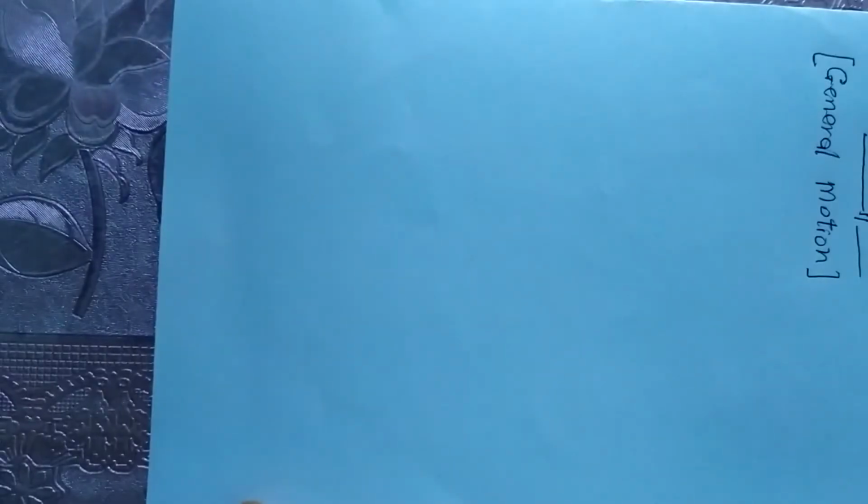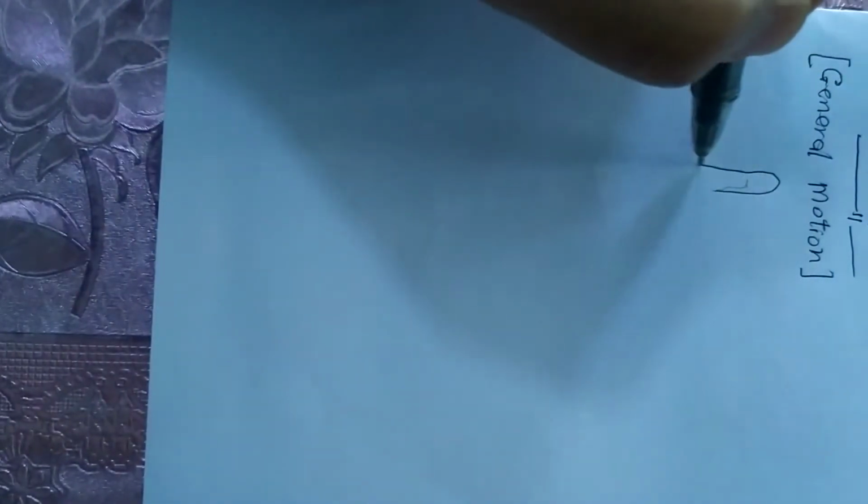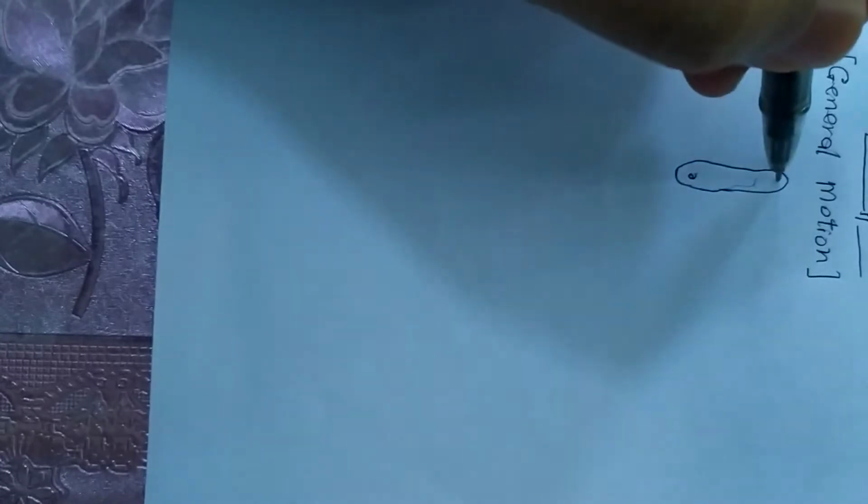In a general motion, this general motion can best be explained by using a rigid body with two points.